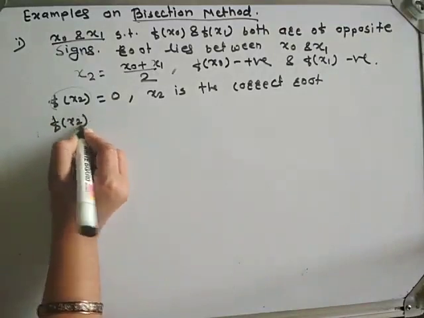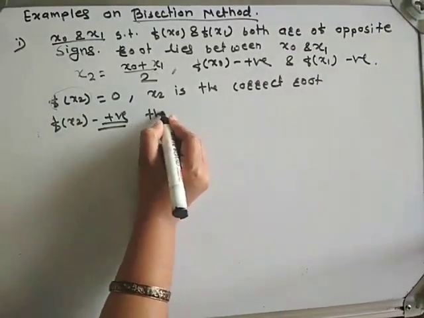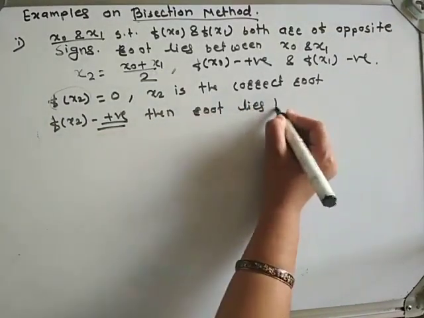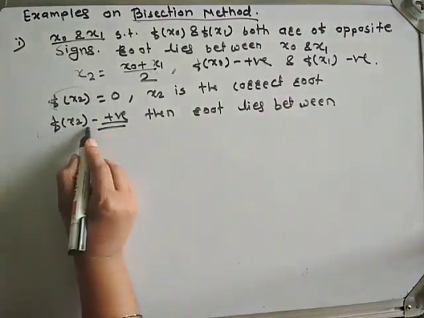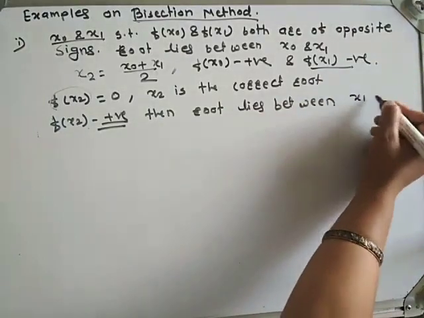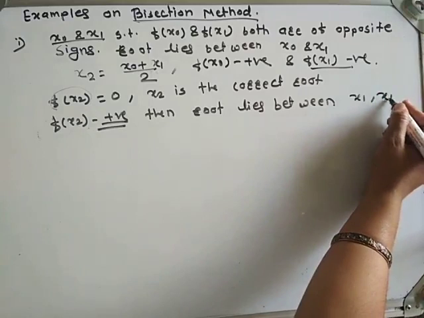Now if f of x2 is positive, then the root lies between x2 and x1, since f of x2 is positive and f of x1 is negative.